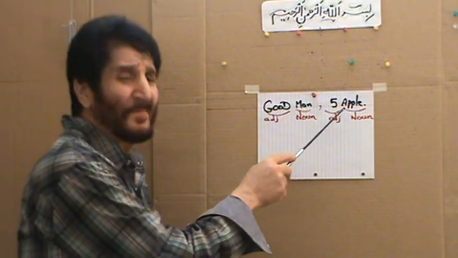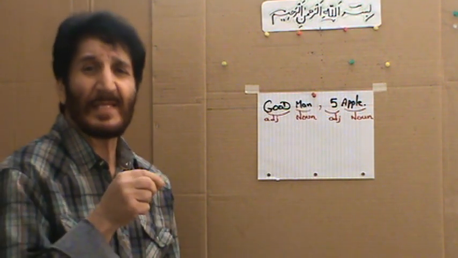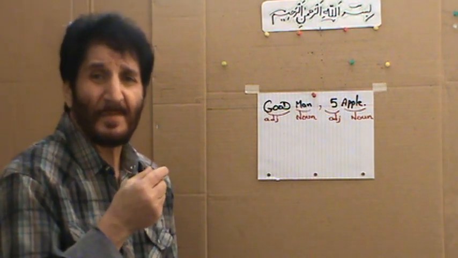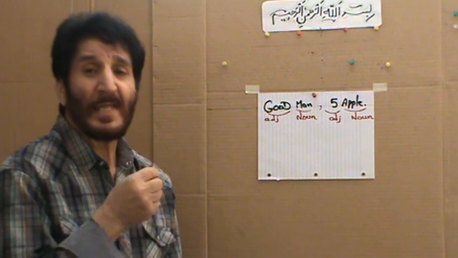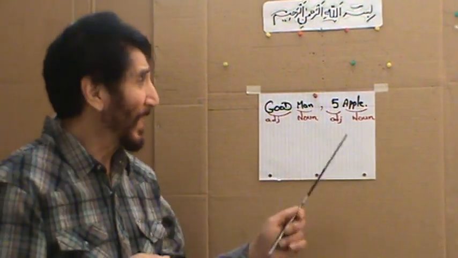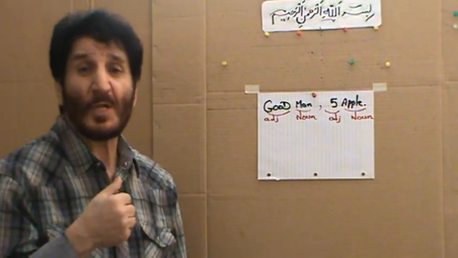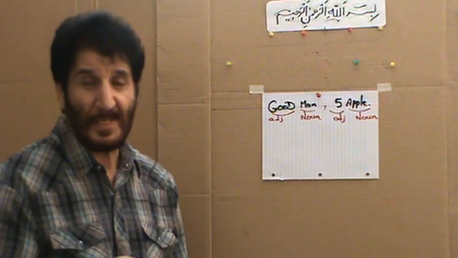In contrast, when we say 5 apples, 5 is also kind of an adjective, but it does not give the attribute of the apple, the quality of the apple, but it gives what? It gives the quantity of the apple. So again, 5 is like an adjective, but it describes the quantity, not the attribute and quality of the apple.